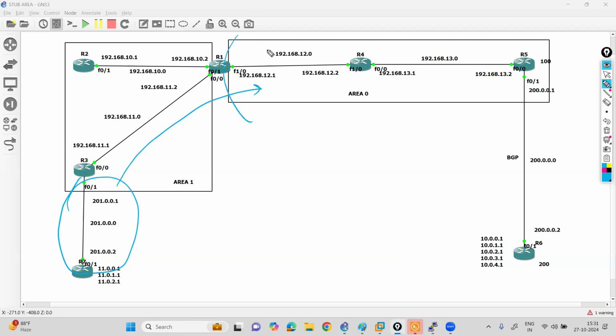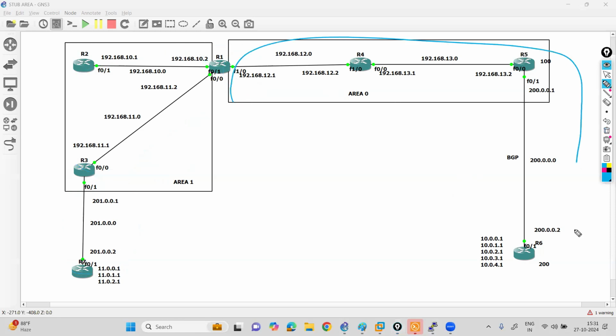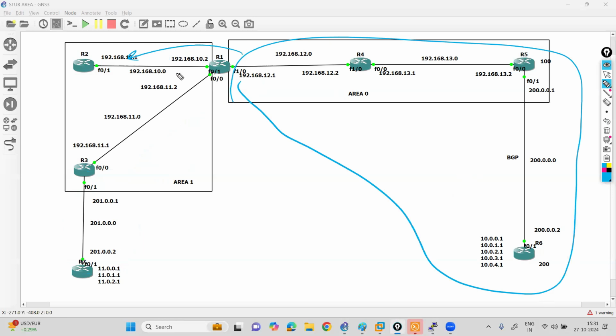I want to block external routes as well as intra routes from communicating on this side, and I also want to pass this information to the other side.